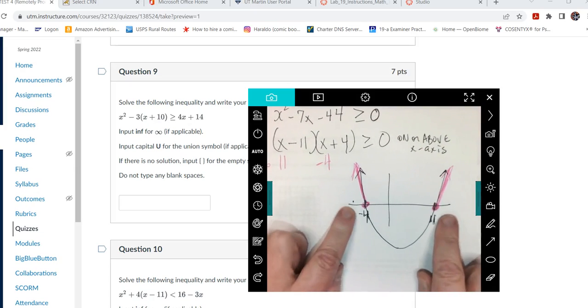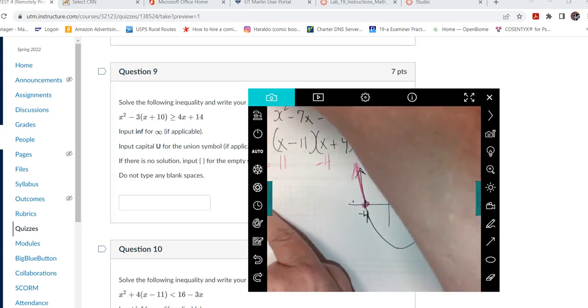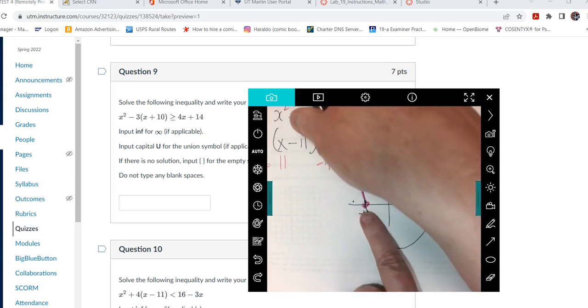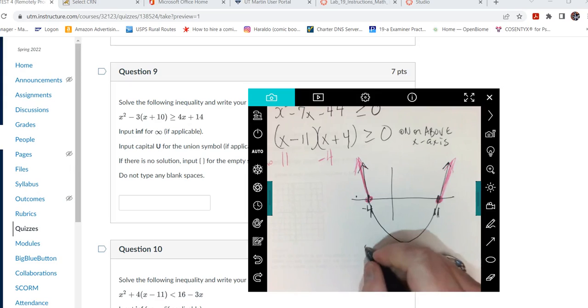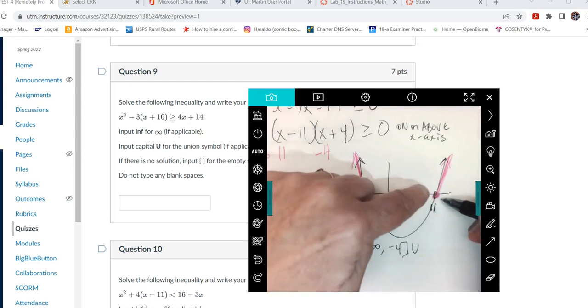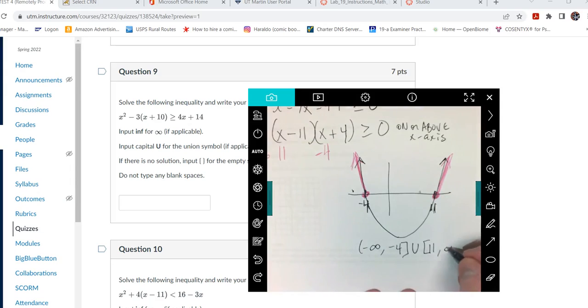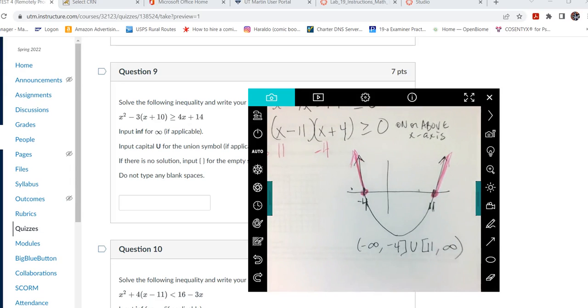And so where is this pink with respect to the x-axis? Well, if I come in from negative infinity, I go all the way up to, and I include negative 4. And then I have a gap, and then I pick it up again at 11, and then it keeps going forever. Okay, so that's what I'm looking for with that one.